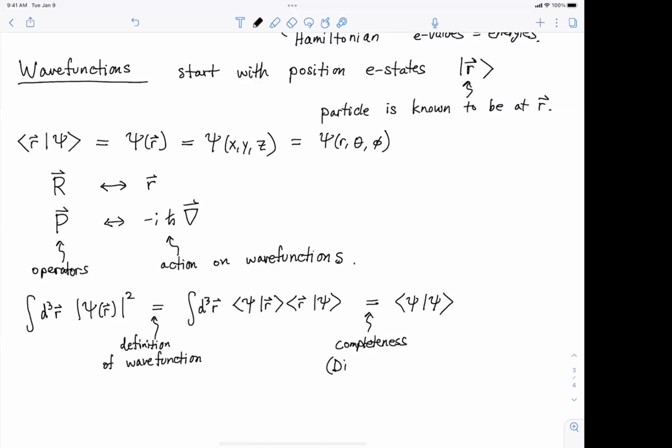So I'll write here, Dirac version. Dirac version is just telling you that it's a continuous thing that you're integrating over. And then if the ket has been normalized, which you can always do, but isn't necessarily automatic, then that's just equal to 1. So I'll say here, if normalized.